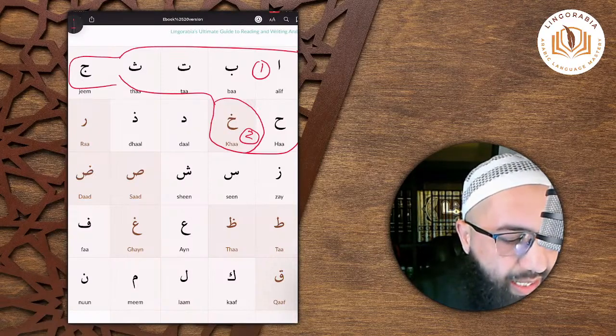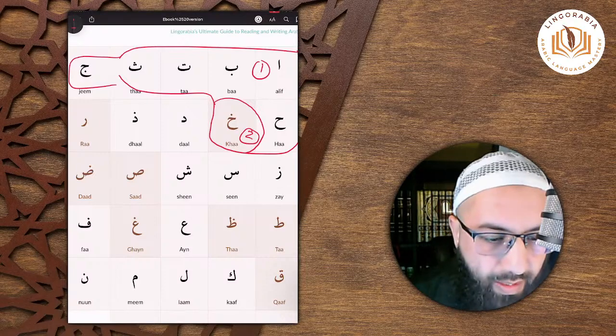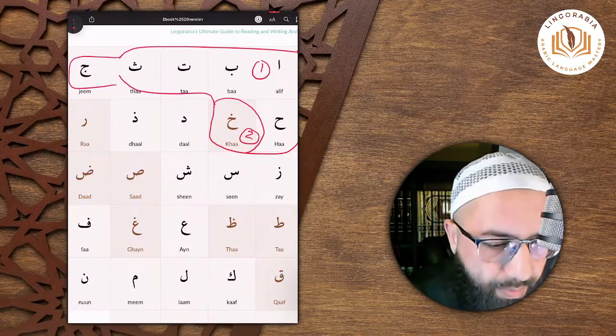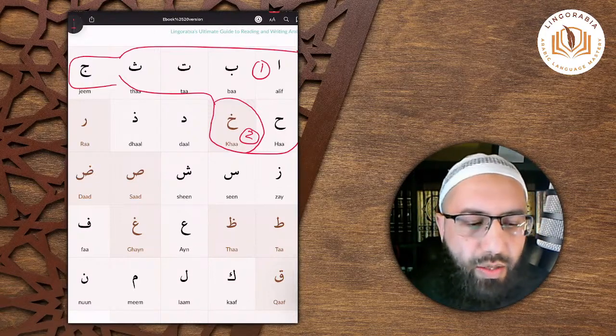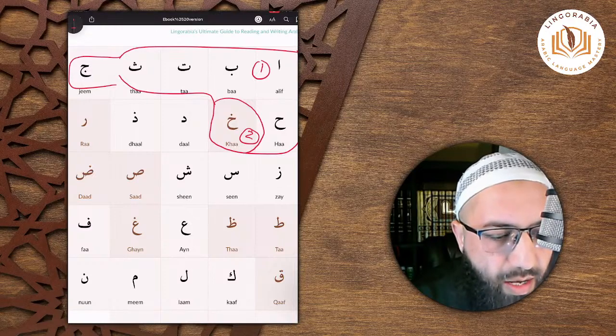Kha is thick in pronunciation, but the rest is not, says Ammar. Pudding and Ammar are on a good track. Throat letter, says Aruni.